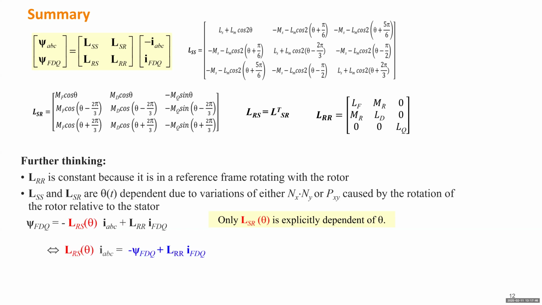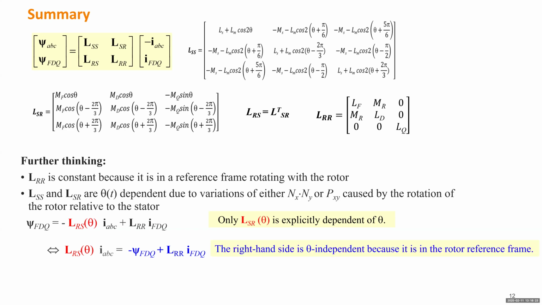So this gives us some idea on how we can get rid of theta in our next model. We move this theta dependent term to the left side of the equation and everything else to the right-hand side. The right-hand side doesn't depend on theta, at least not explicitly. Which means the left-hand side essentially doesn't depend on theta either. Although it has an item which is theta dependent, we can make it theta independent.